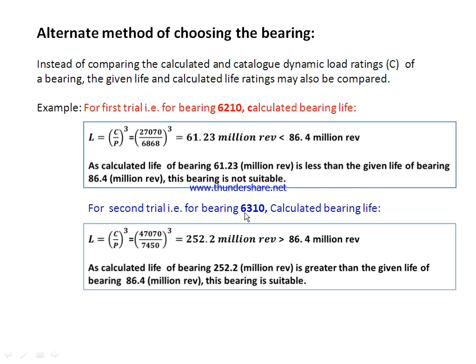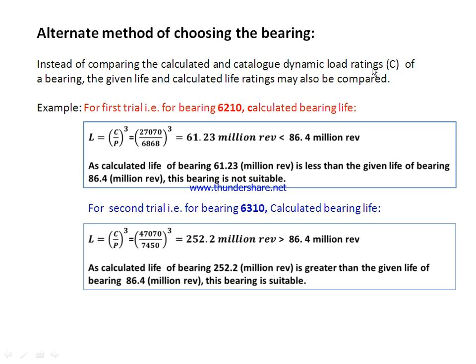Then for the second case, 6310 chosen, the value of C is 47,070 and equivalent load is 7450, and if you calculate L, it is 252.2 million revolutions, which is much greater than the required life of 86.4 million revolutions.